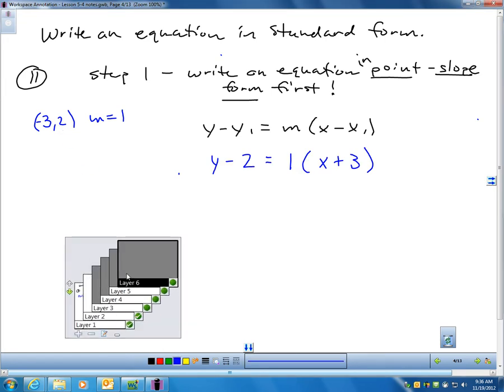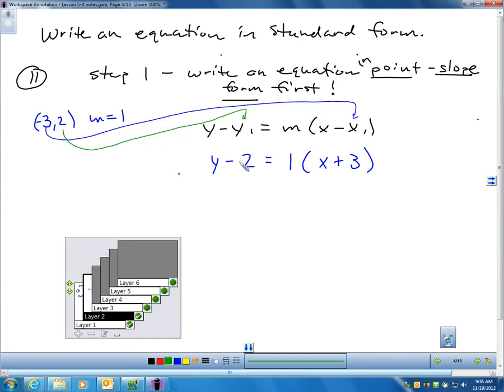My point, negative 3 gets plugged in for x, 2 gets plugged in for x sub 1 and y sub 1, I should have said. And my slope, you can see, is 1.